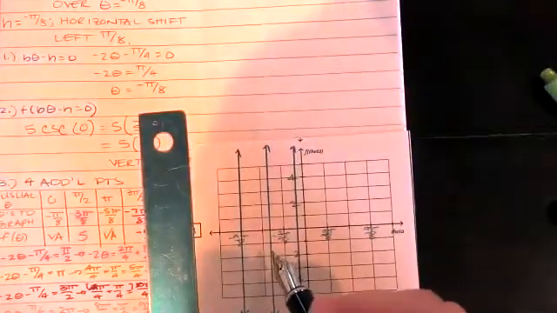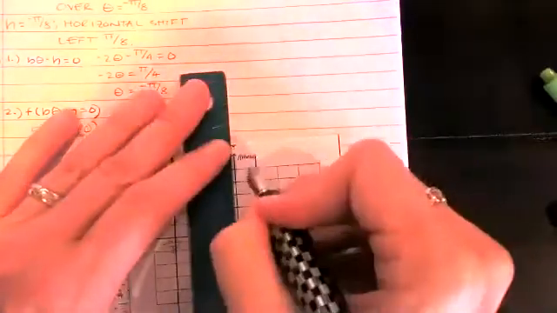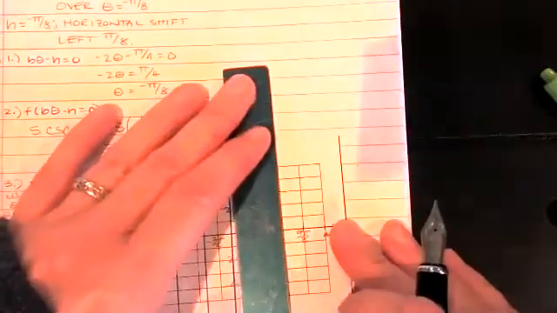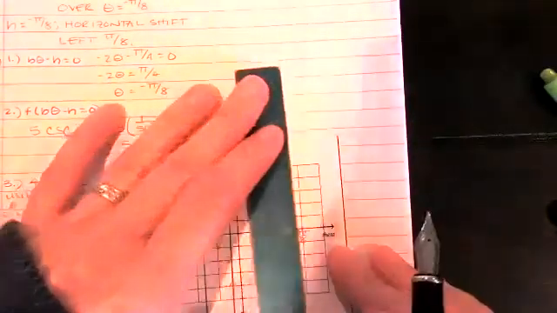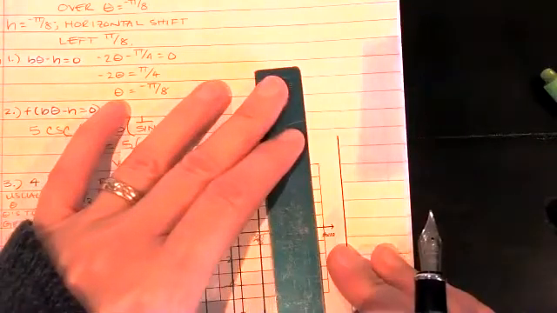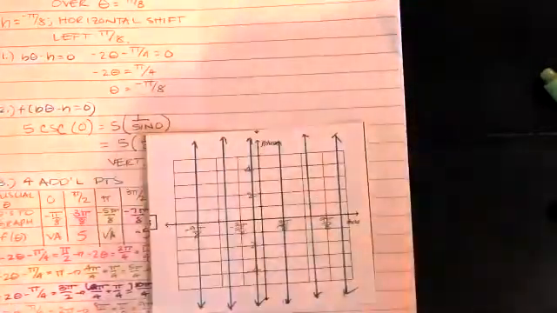So using this pattern, it seems like this is 4 away. So 2, 4. Okay, so we should have one right here. And then one right here. And then one right about here. Okay, so those are the asymptotes.